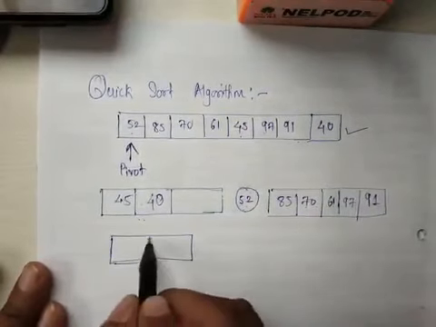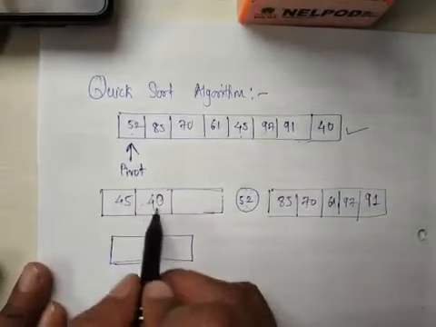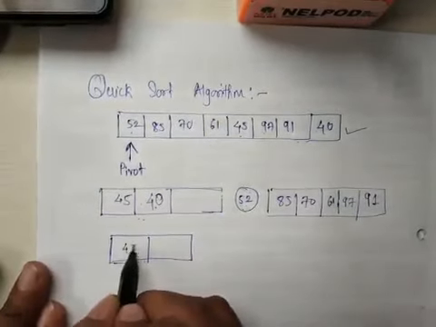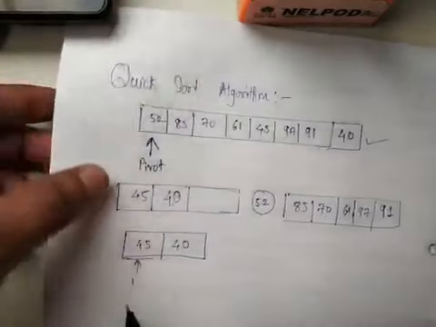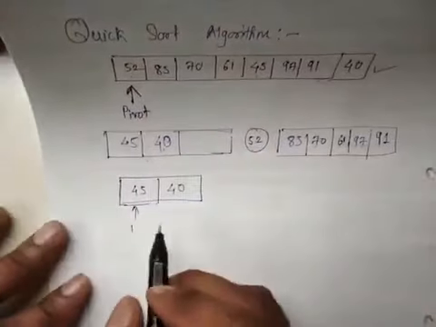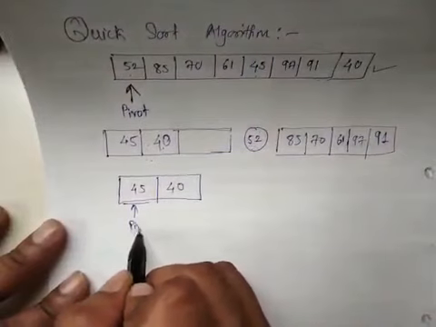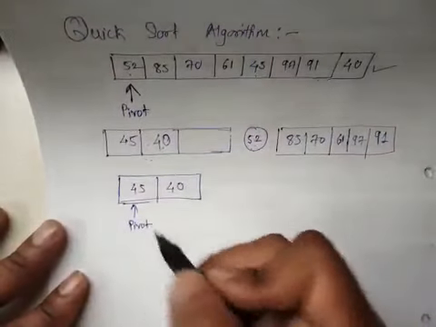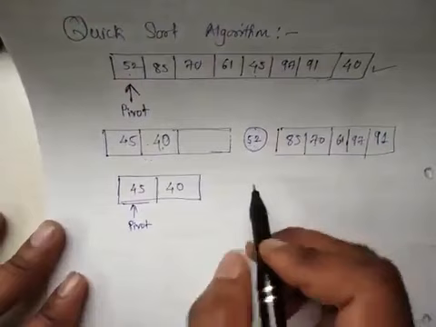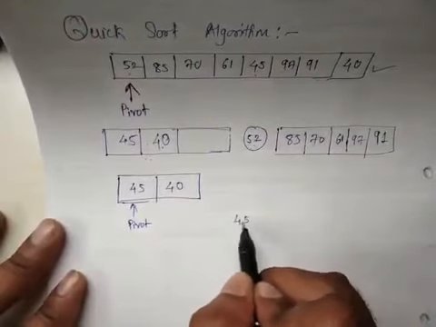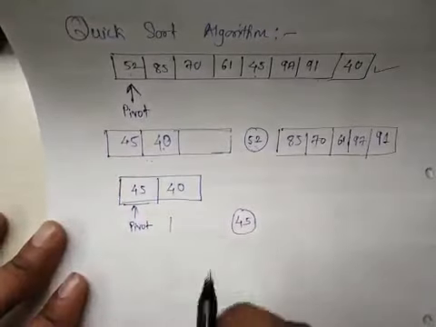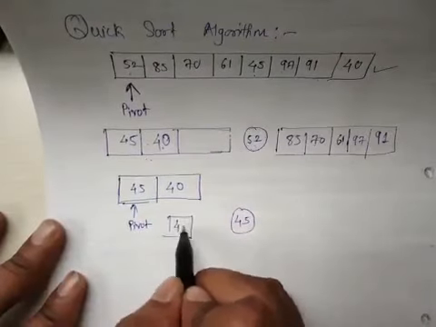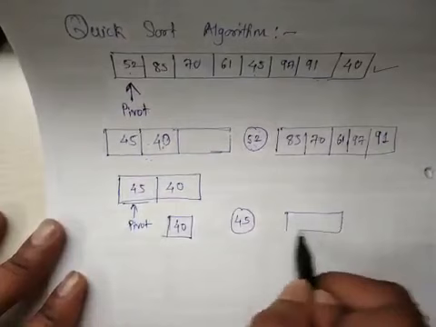Again we are going to find the pivot element for this first sub array, which is equal to 45. So this pivot is equal to 45. Now the element which is less than 45 comes in, again I am going to partition this one. So here comes 40 and here comes null.